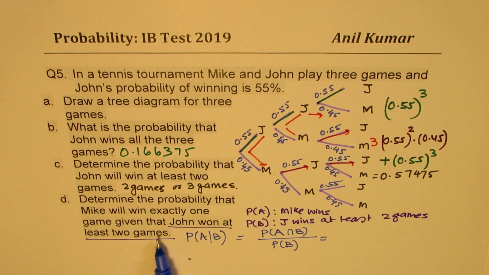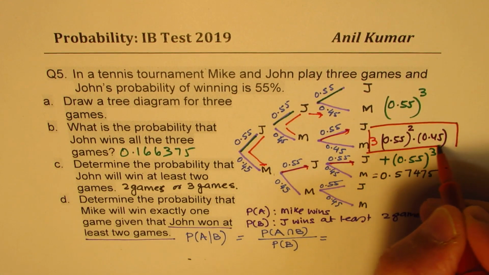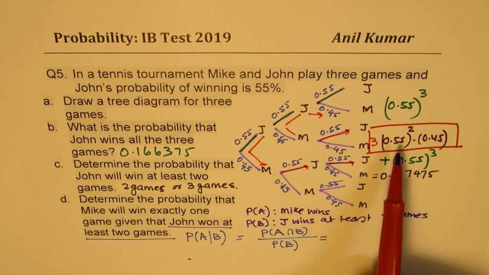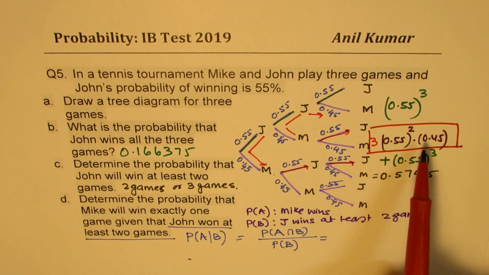Since John has won at least 2 games, we will actually take only this part, since it is winning of John combined with winning of Mike once and for John 2 times.